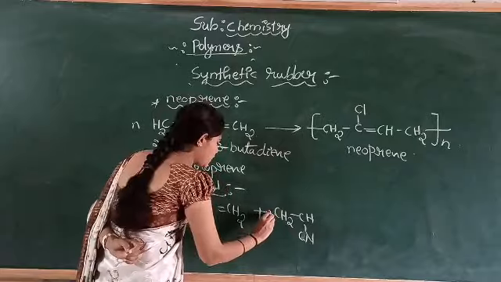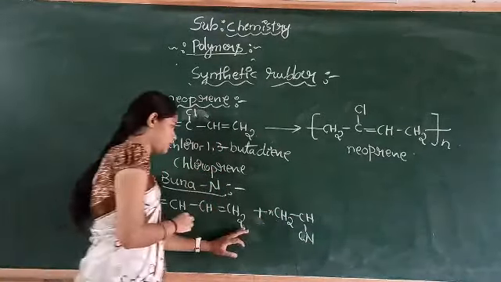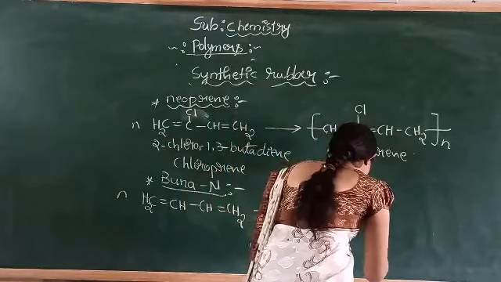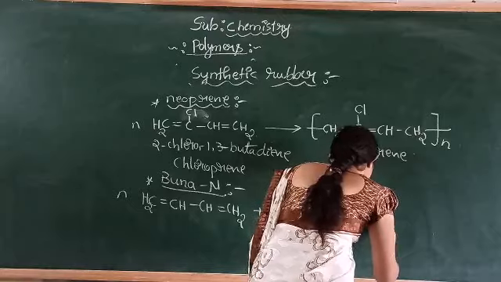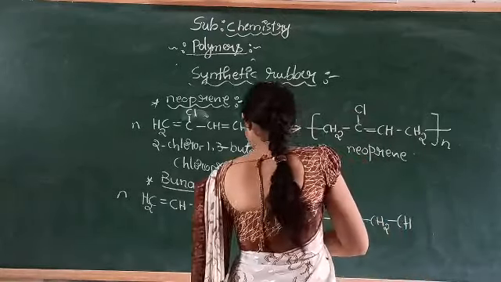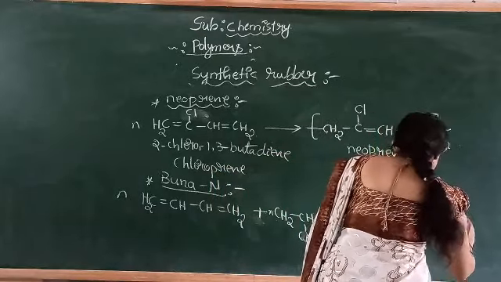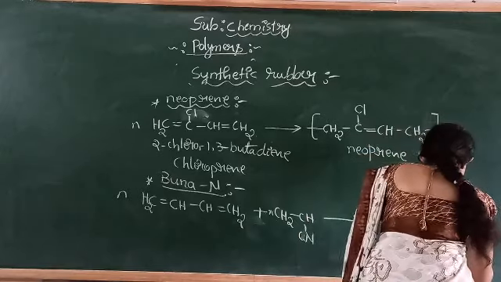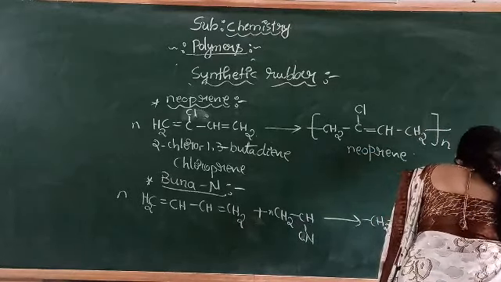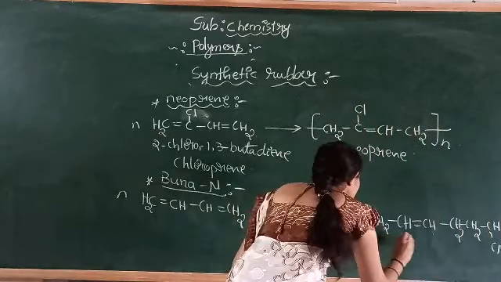N number of acrylonitrile molecules react with N number of 1,3-butadiene molecules. It gives a polymer, that is Buna-N, with CH2-CH=CH-CH2 and CH2-CHCN units. This bonding continues for N number of units. This is the structure of Buna-N.